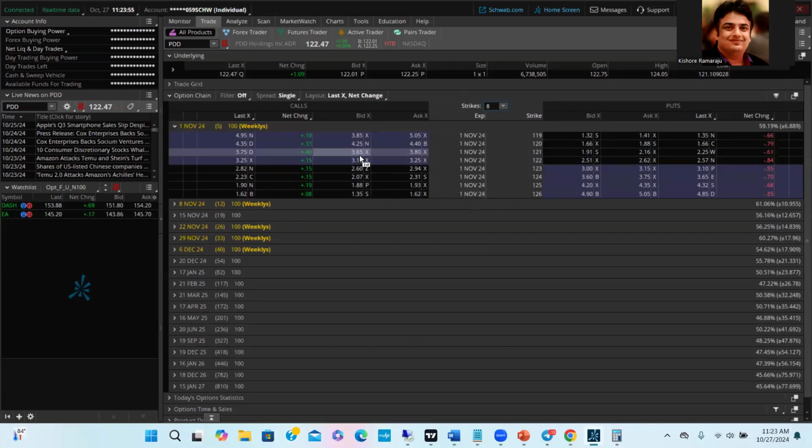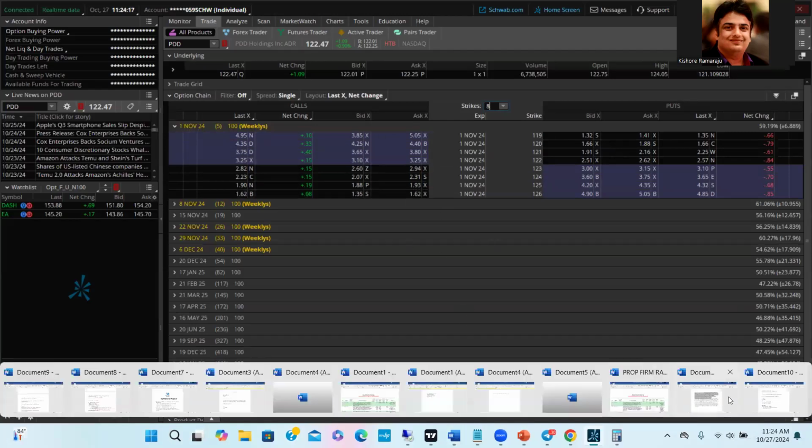So you may want to buy, let us say, the 122 call tomorrow morning. So this is like a bid, this is like ask. That means somebody wants to buy at 3.10, but somebody who is already holding that contract, that agreement, is telling that I want to sell at 3.25. So whatever you see here, the price is for one stock.